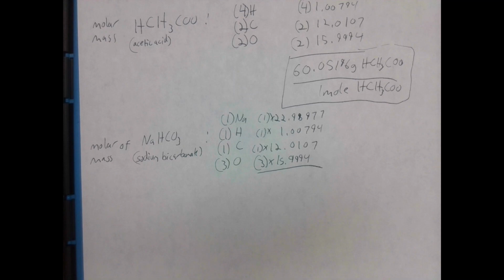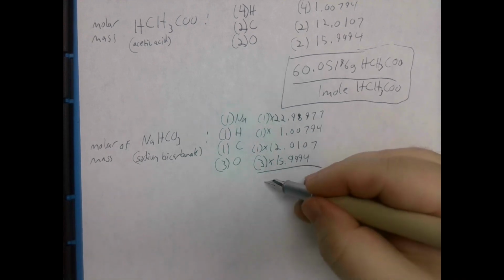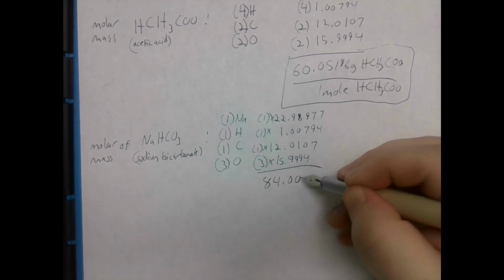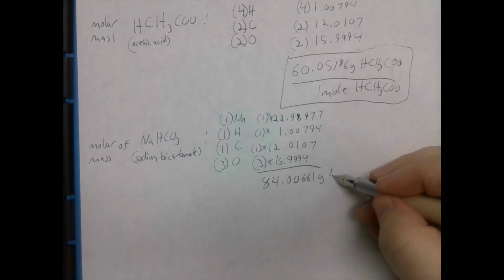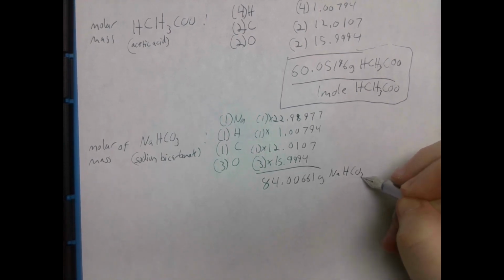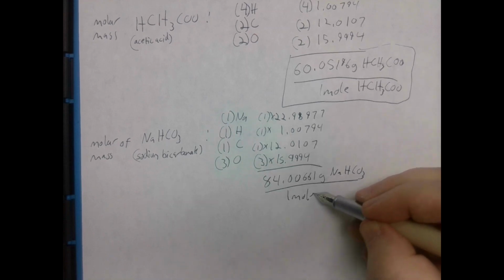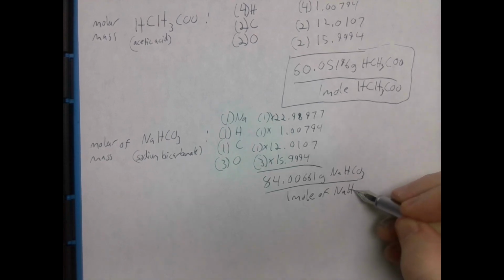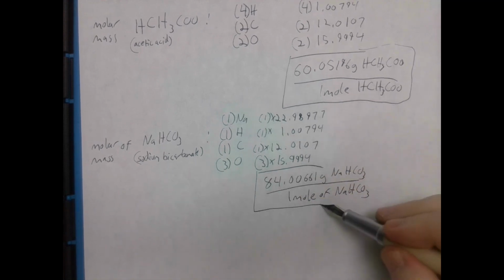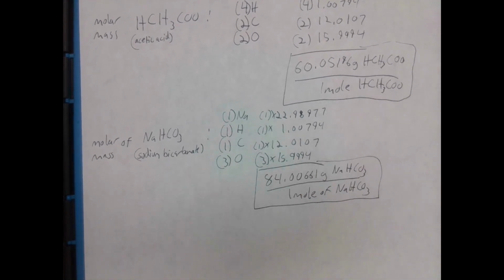Adding up all those, I get 84.00661 grams NaHCO3 per 1 mole of NaHCO3.